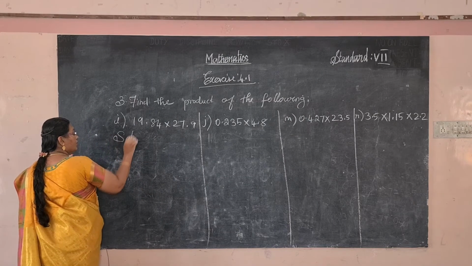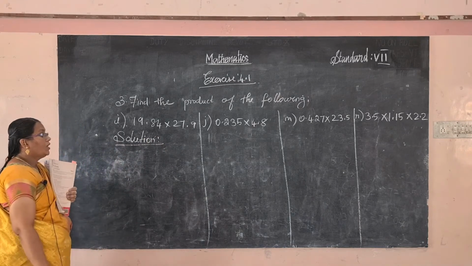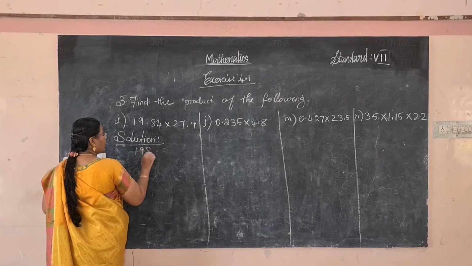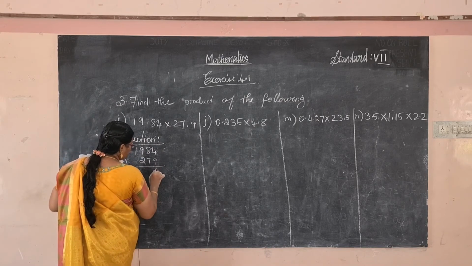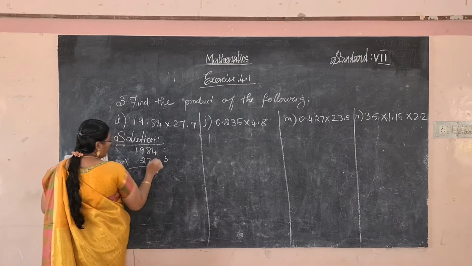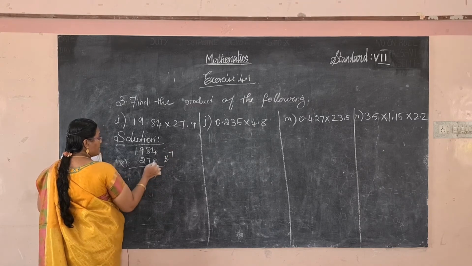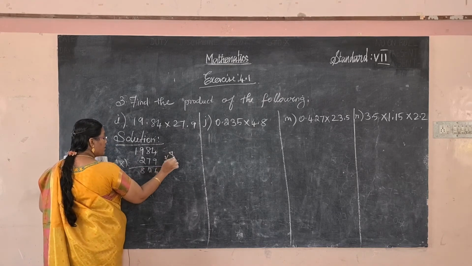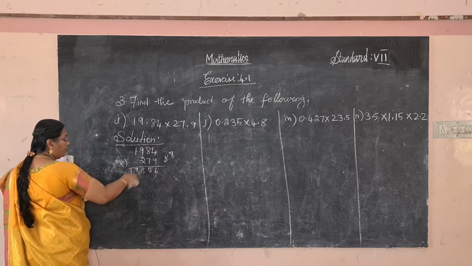Okay, solution. Now do not consider the decimal point. So what is that number? 1984 by 279. As usual, multiplication. 9 4s are 36. 9 8s are 72, 75. 9 9s are 81. 81 plus 7, 88. 9 1s are 9. 9 plus 8, 17.